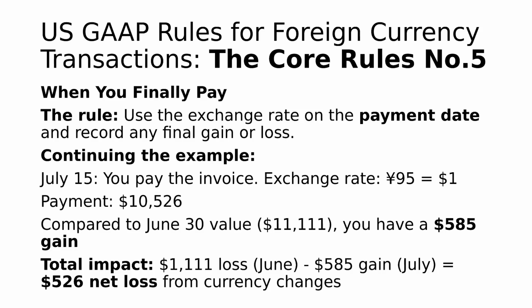Compared to the June 30 value of $11,111, this results in a $585 gain because the dollar strengthened. Adding everything up, you had a $1,111 loss at month end but recouped $585 by payment time. So your total net loss from these exchange rate changes is $526. This step-by-step approach shows exactly how exchange fluctuations hit your bottom line.